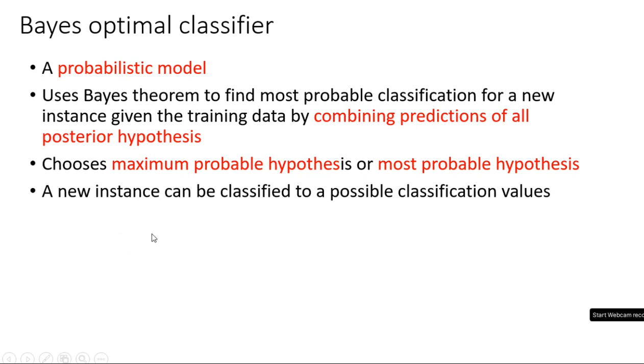Given a new instance or test data, we classify using this formula. Suppose I have two probabilities, that the hypothesis belongs to class C or to class T. Whichever has the maximum probability is chosen as the class for the new instance.